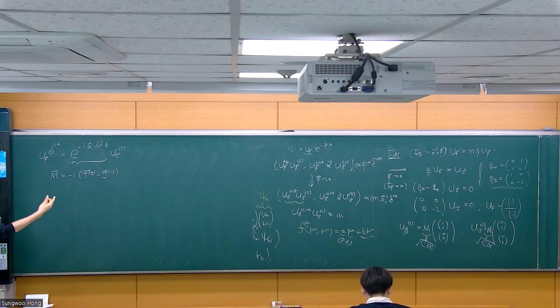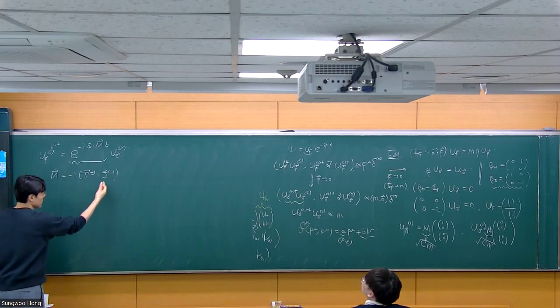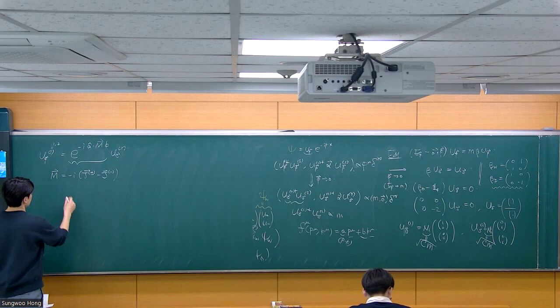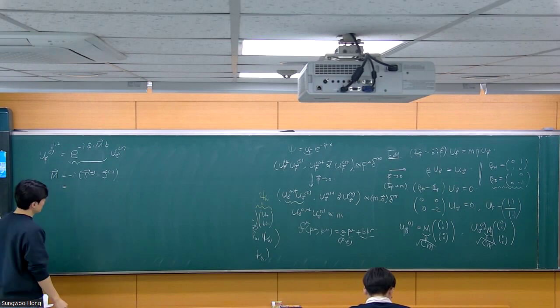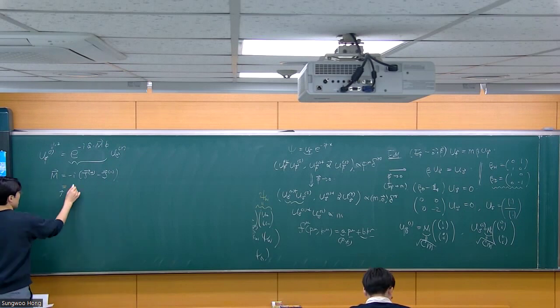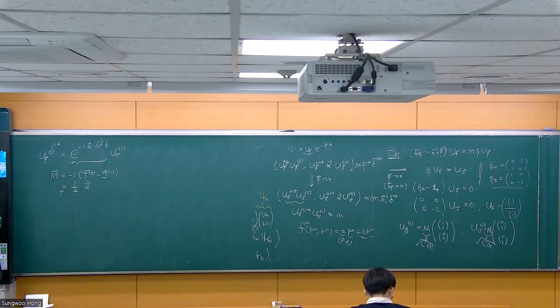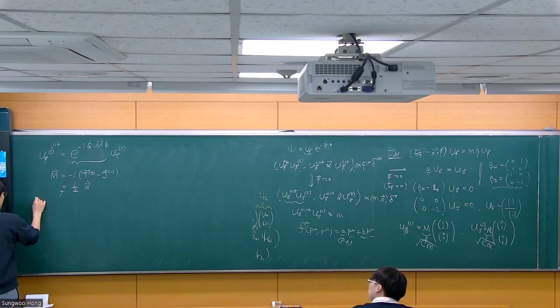Okay, so this is a general expression regardless of explicit representation. And then this is equal to, so if you let me write that answer, just like that. So this is the same as that. So how do you see that? Let's go to the chiral representation.